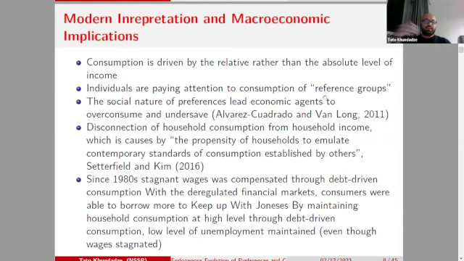Another thing is that the tendency of conspicuous consumption creates specific tendencies with regards to productivity increase, with regards to increases in hours worked, and also with regards to household debt.